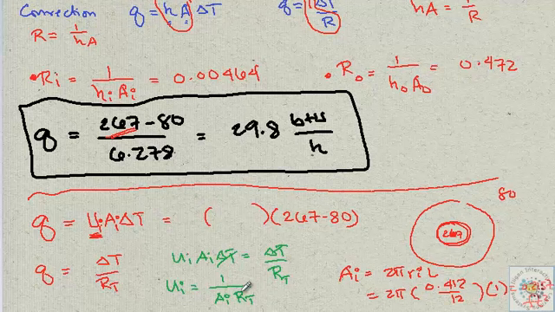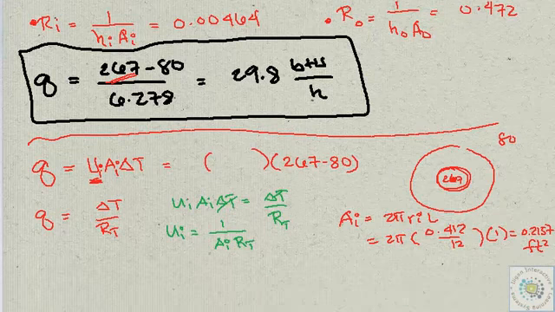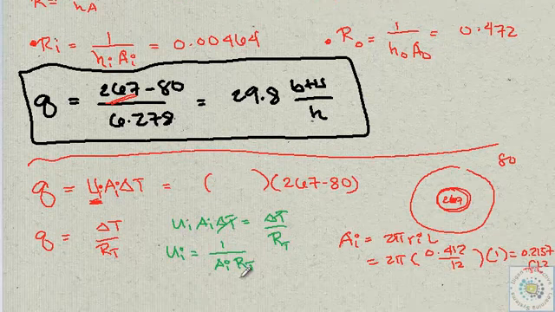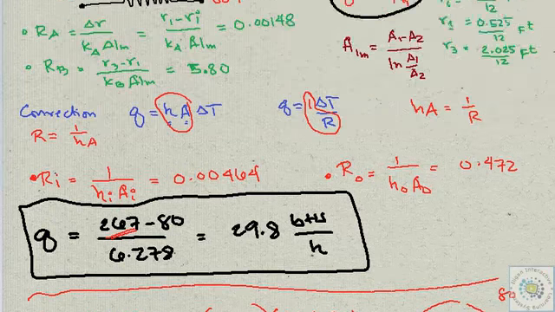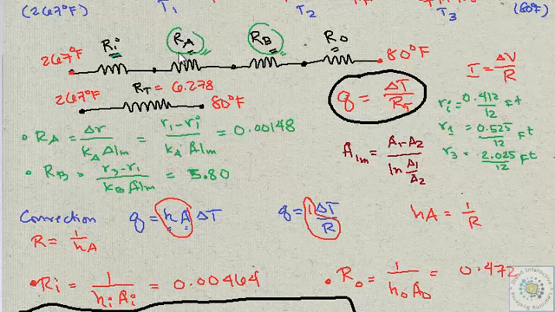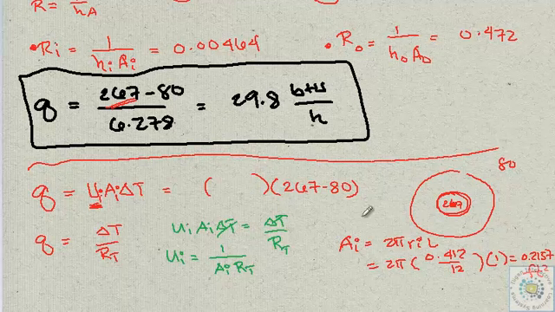That's UI already. Okay, so we could simply calculate UI. We know the individual resistances Ri, Ra, Rb, and Ro. Simply sum them up to get R total, which in this case we already know is 6.278. Multiply that with AI and get the reciprocal of that.